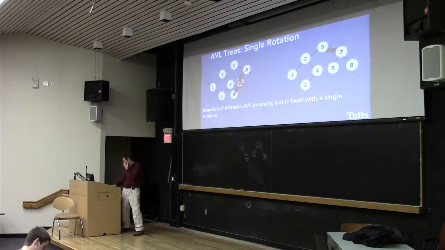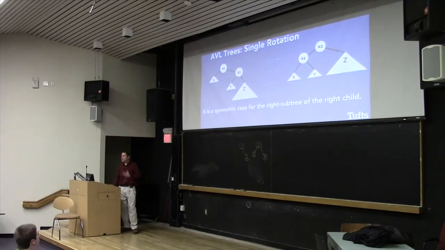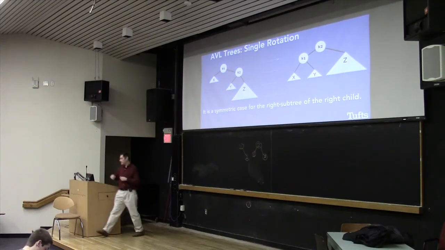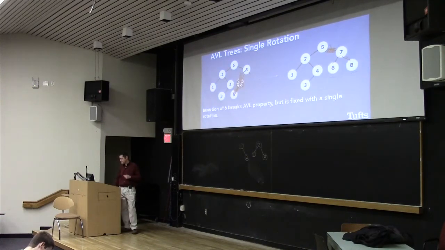Okay? All right. Turns out that going the other direction, if you have a right-right subtree, it's the exact same thing except the other direction. Yeah, question? Yeah. Single rotation is left-left or right-right.